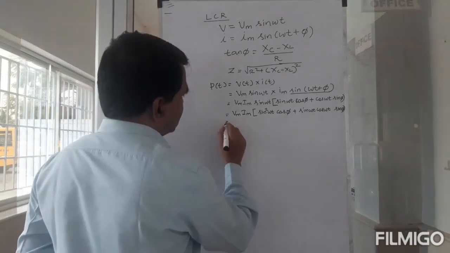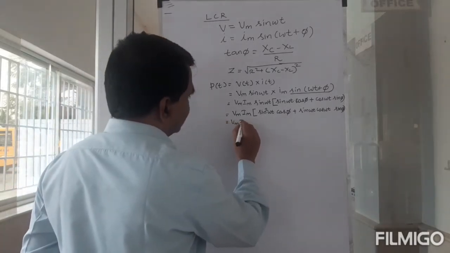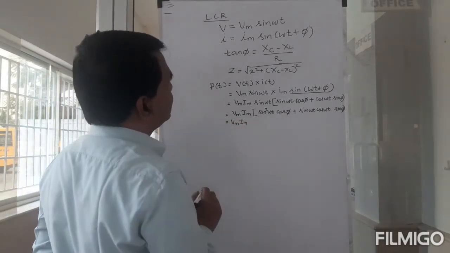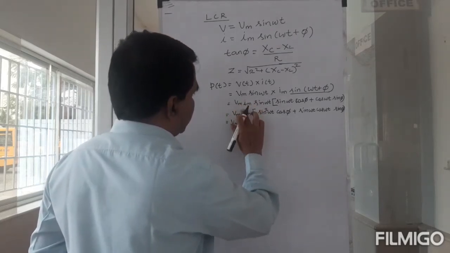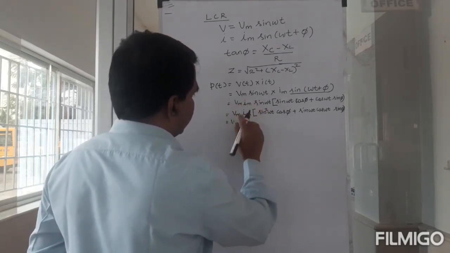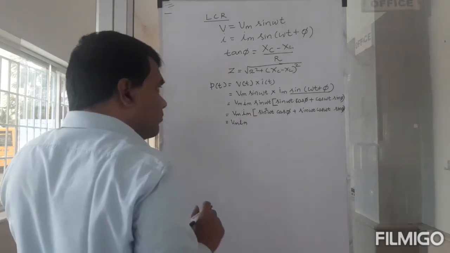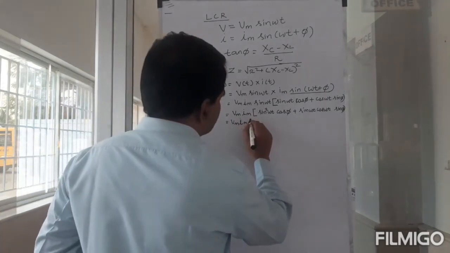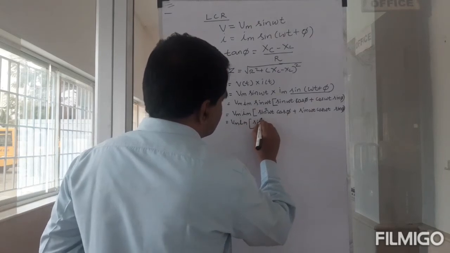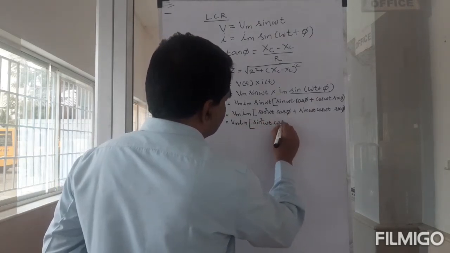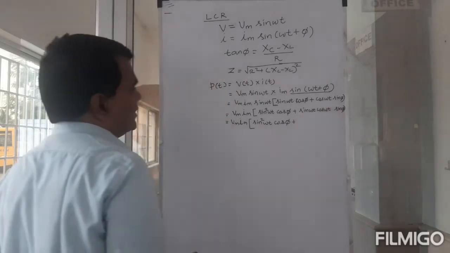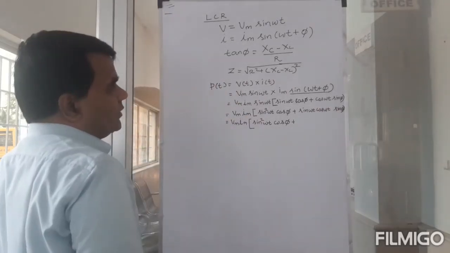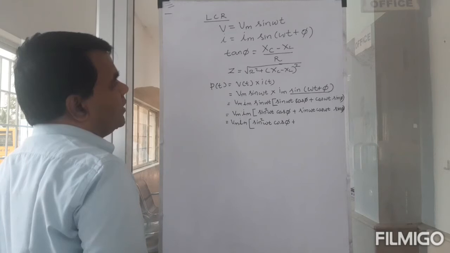This is equal to Vm Im, sine squared omega t cos phi plus sine omega t cos omega t, sine a cos a.